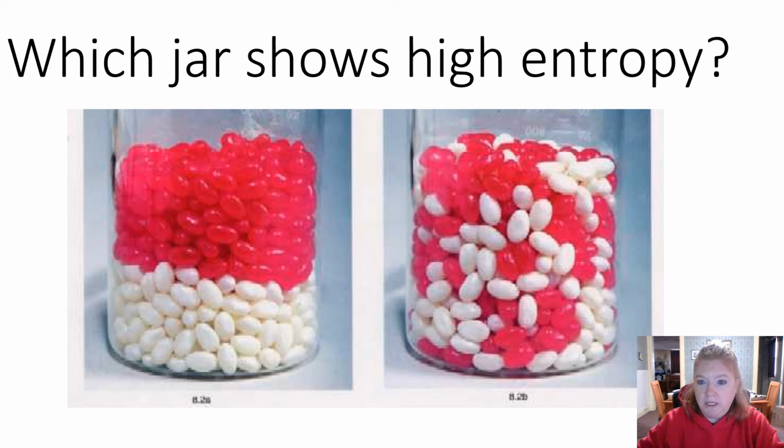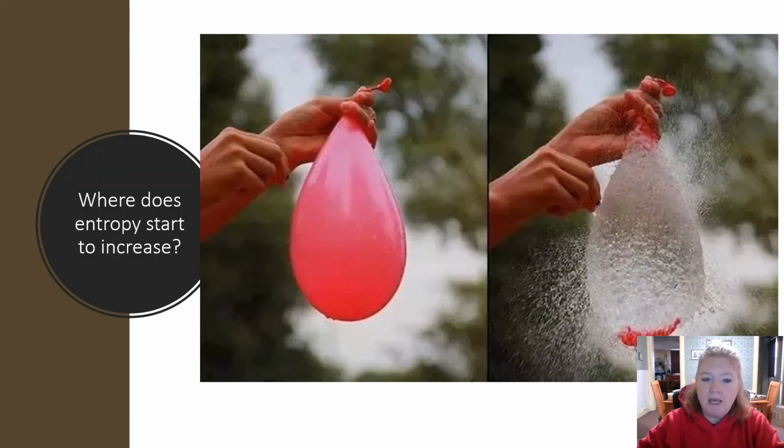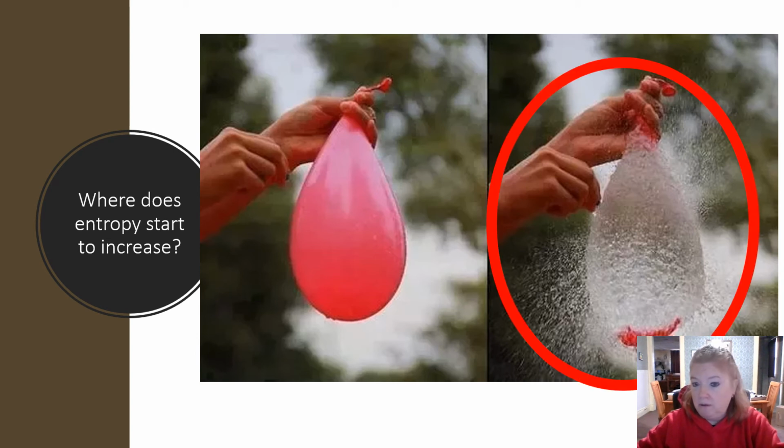Which jar here shows high entropy, disorder? This one. Where does entropy start to increase? So where is the disorder increasing? In what image? Right here.